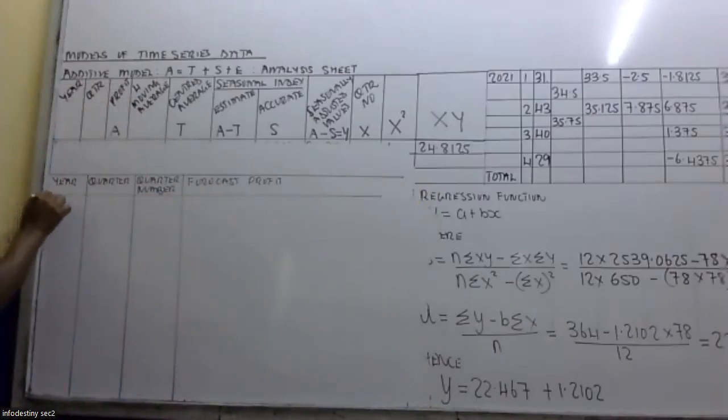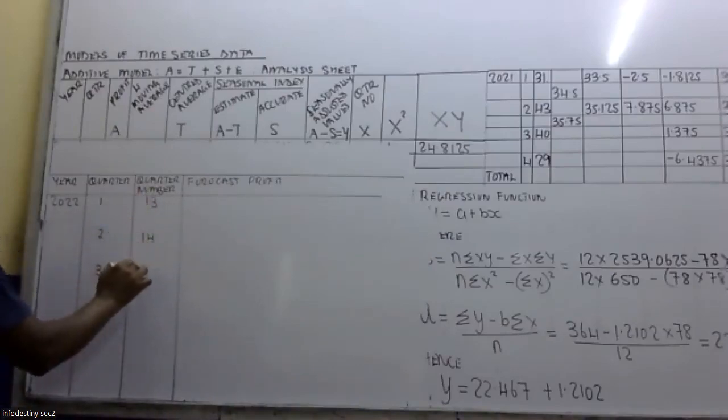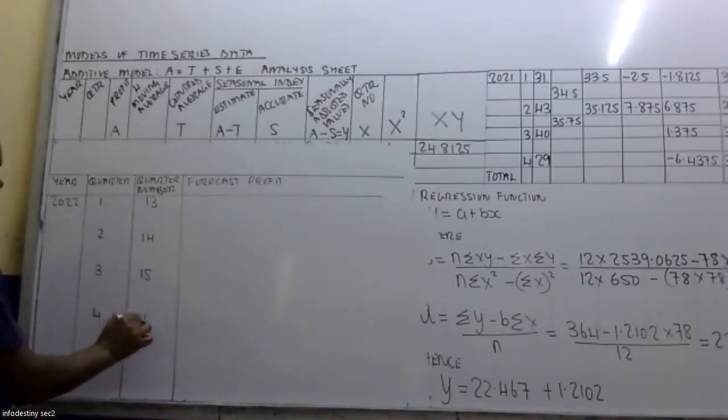So we are now predicting for the year 2022, quarter 1, quarter 2, quarter 3, and quarter 4. Continuing with our numbering, this will be number 13, 14, 15, and 16.